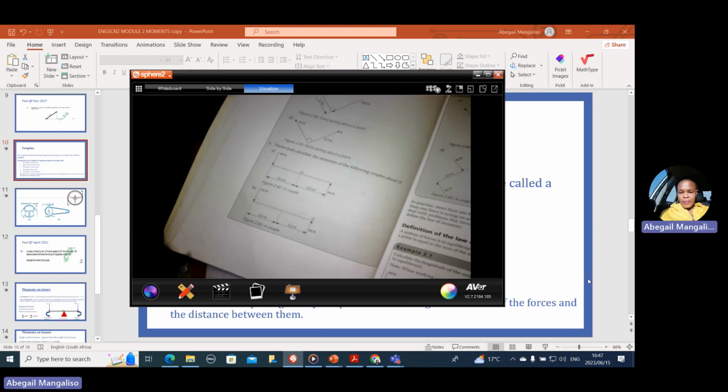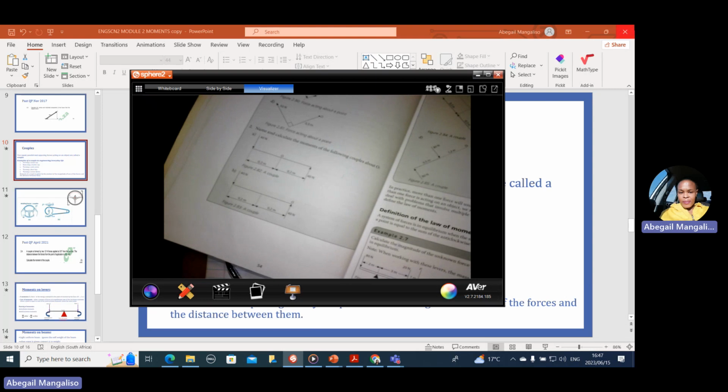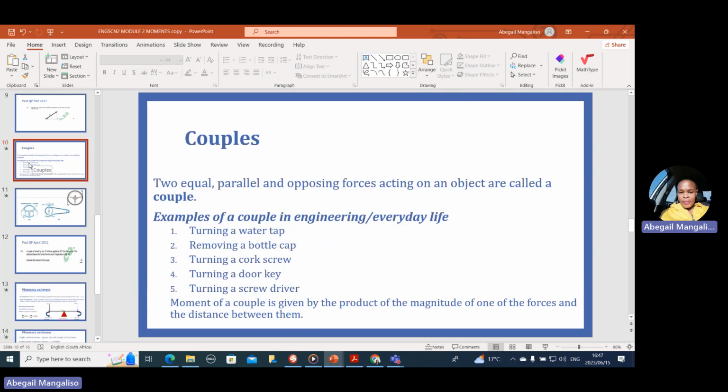Now, the shortcut to calculating the moment of a couple is to use this definition. The moment of a couple is given by the product. Product is the multiplication of the magnitude of one of the forces and the distance between them.